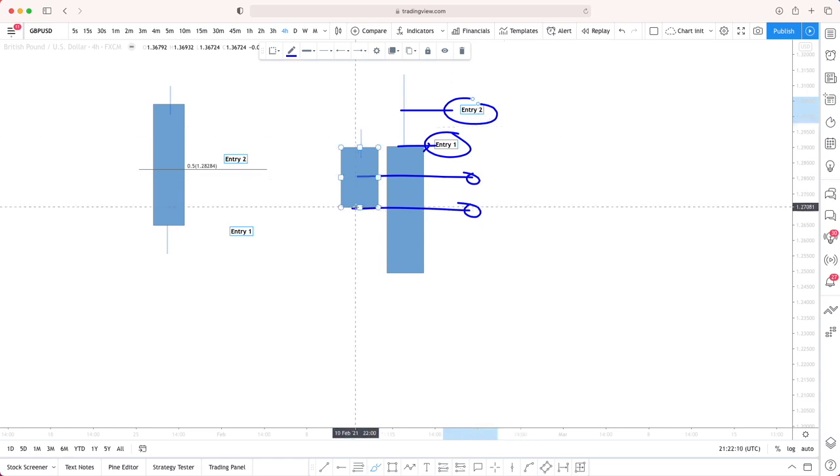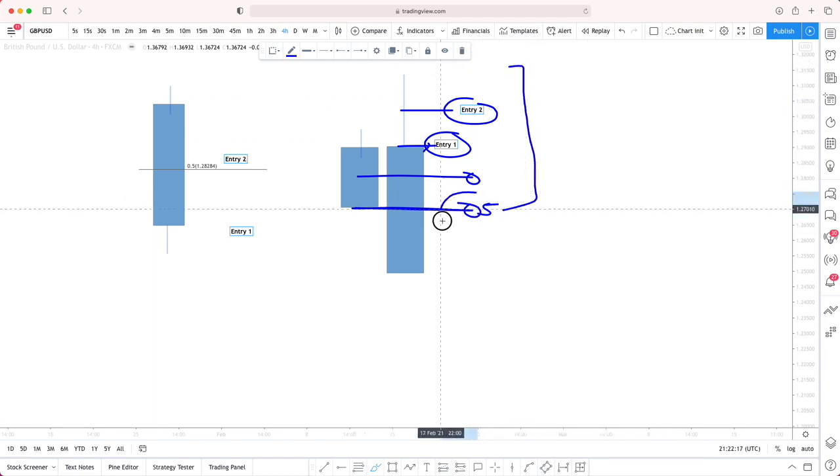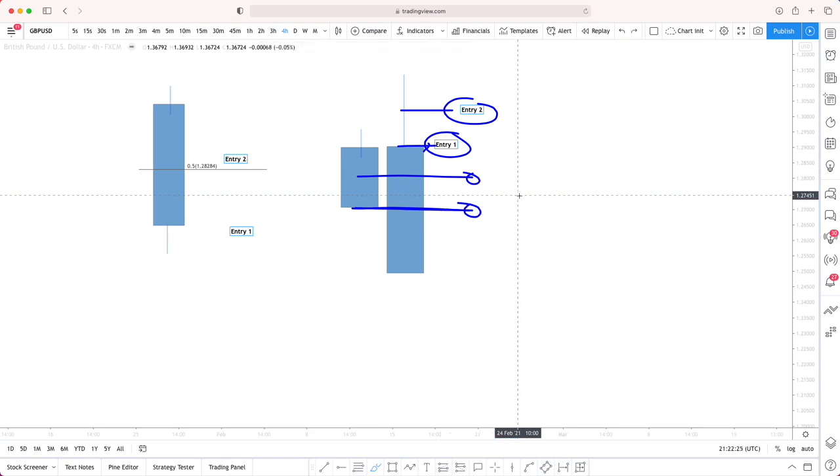Say, if this gives you a 5 pip stop loss from here to that wick, then use that, so you are in the trade and the trade actually triggers. But again, it's up to you how big you want your max stop loss. For me, it's 5 pips.